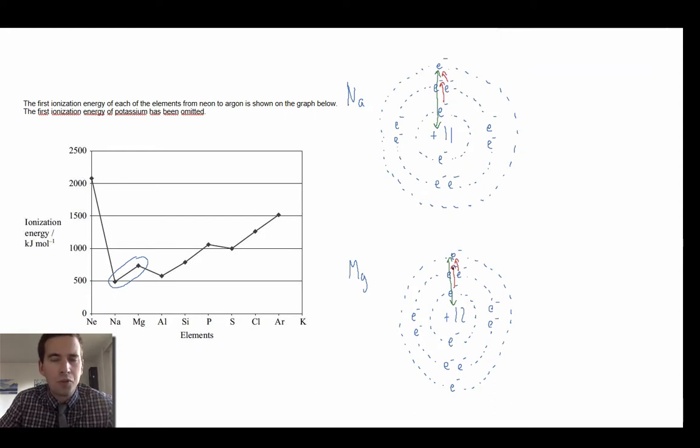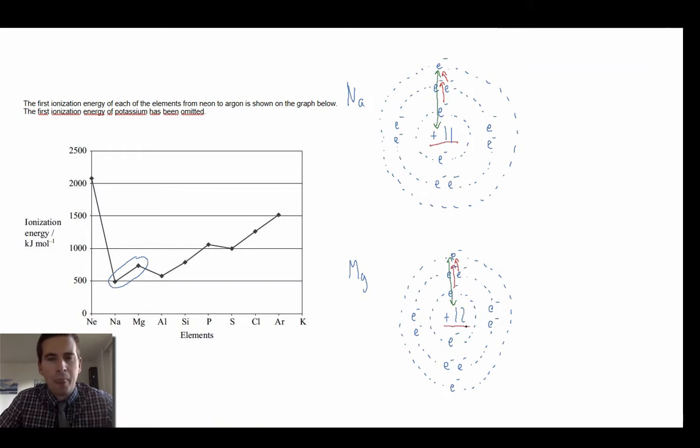So why are the values of first ionization energies different? Well, the key point here is the nuclear charge. Now for sodium, there are 11 protons in the nucleus, hence there's a nuclear charge of plus 11. For magnesium, there are 12 protons in the nucleus, so it has a charge of plus 12.